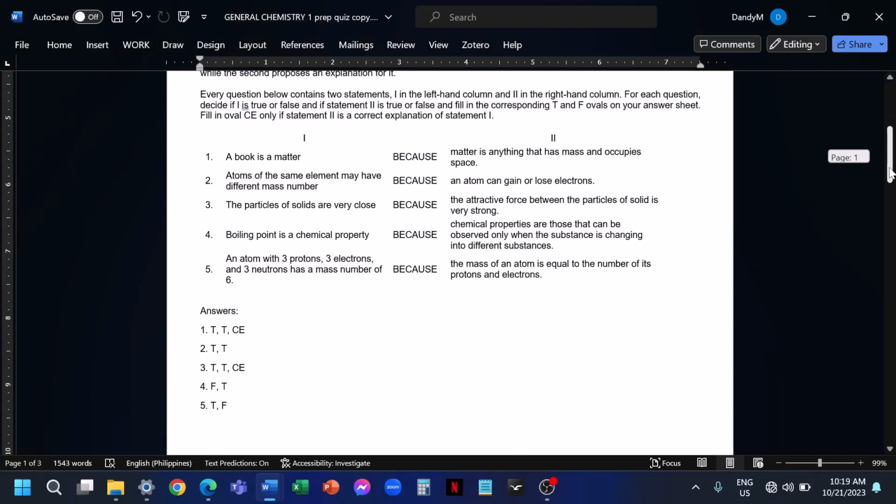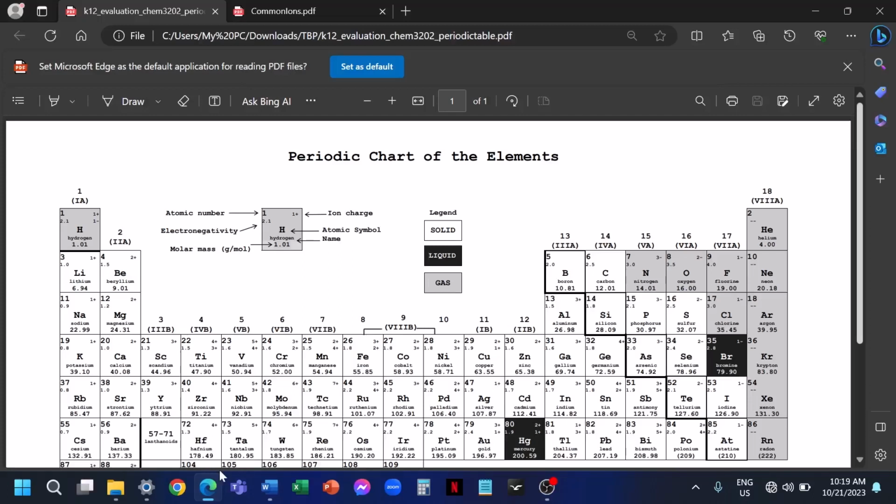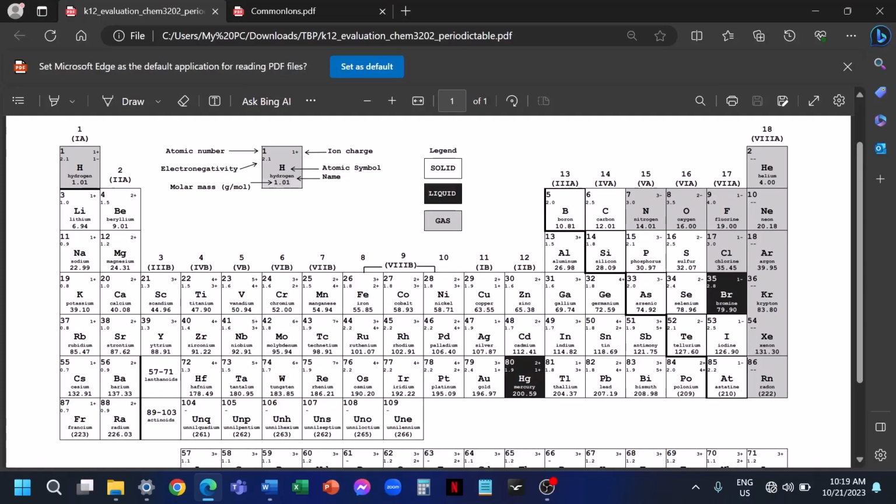Next, atoms of the same element may have different mass numbers because an atom can gain or lose electrons. For the first statement, this one is true, right? Because again, we have the concept of isotopes. An atom of the same element may have different mass numbers. What's written on your table of elements, these are only the average. So not all nitrogen atoms have a mass of 14.